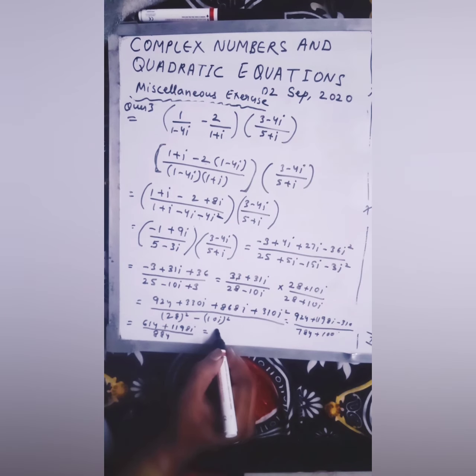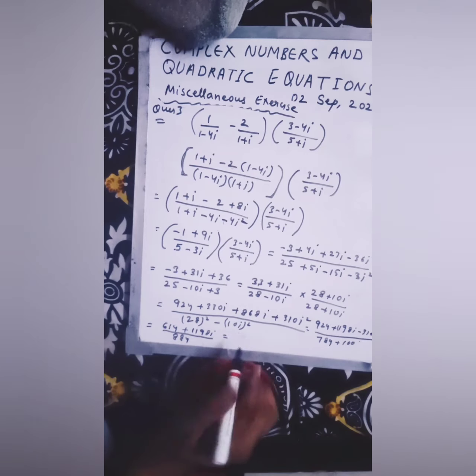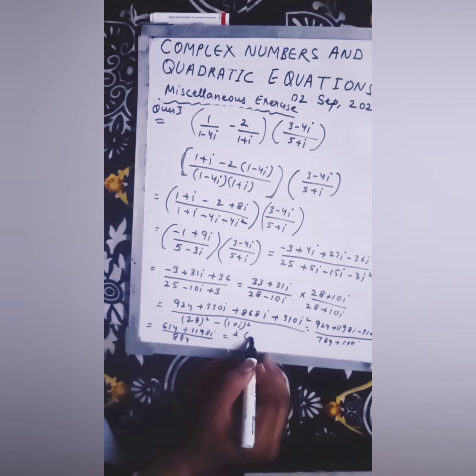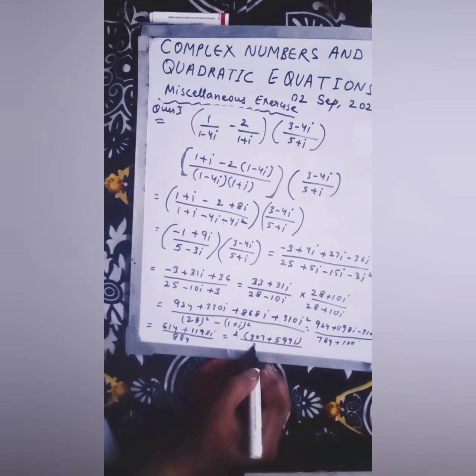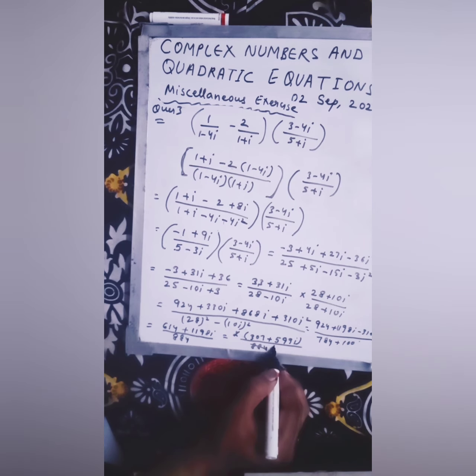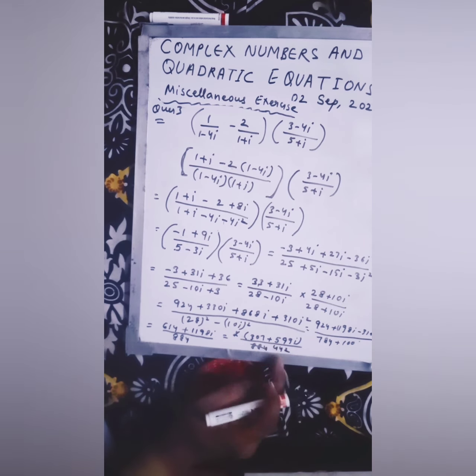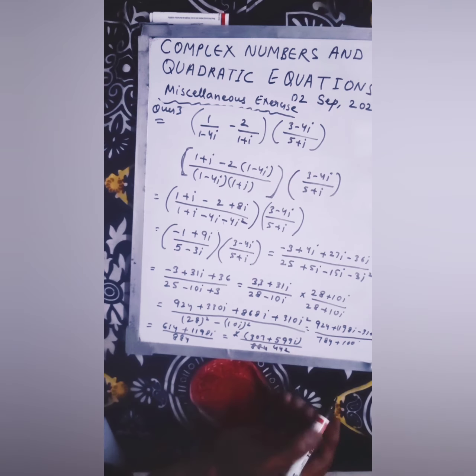So when you take 2 as common, you will get 307 plus 599 iota over 884. So you can cancel these two and you will get 442. So this is your final answer.